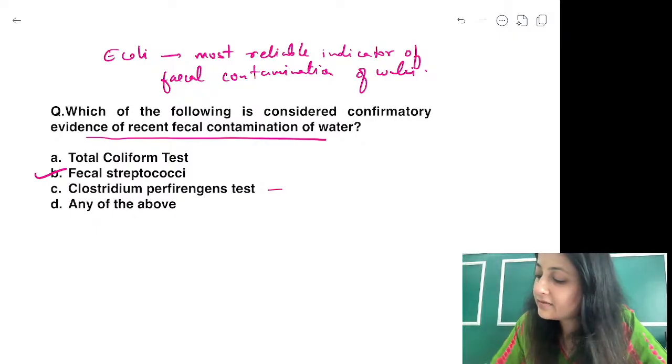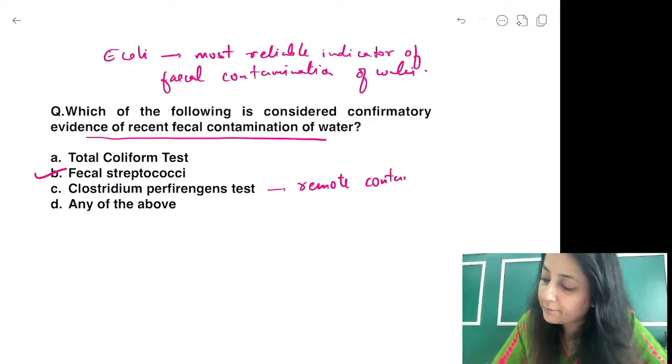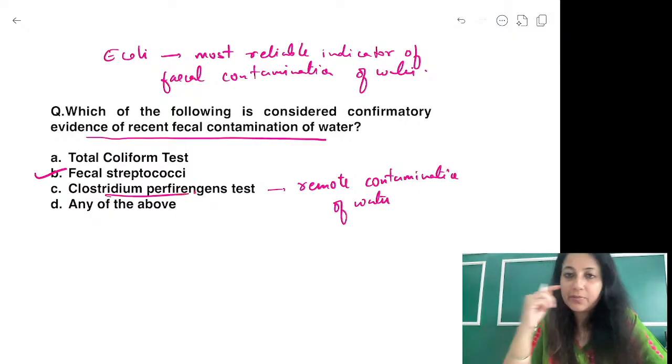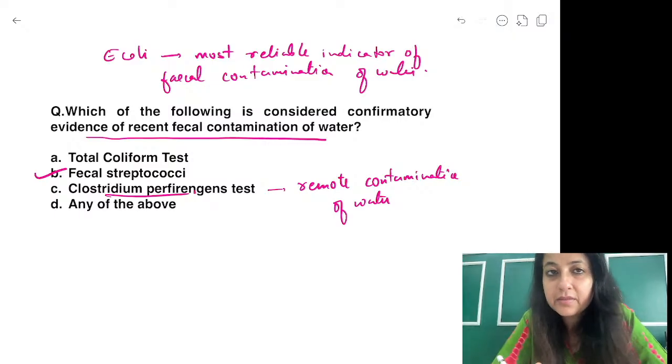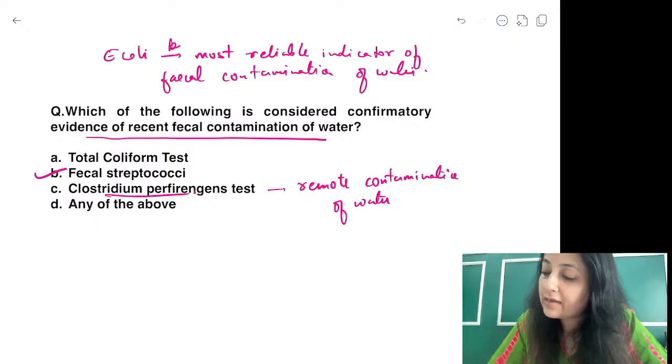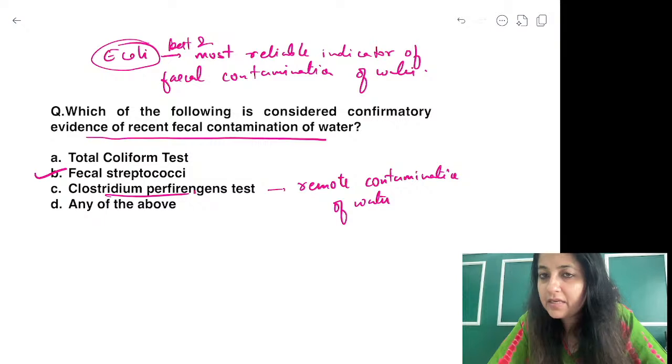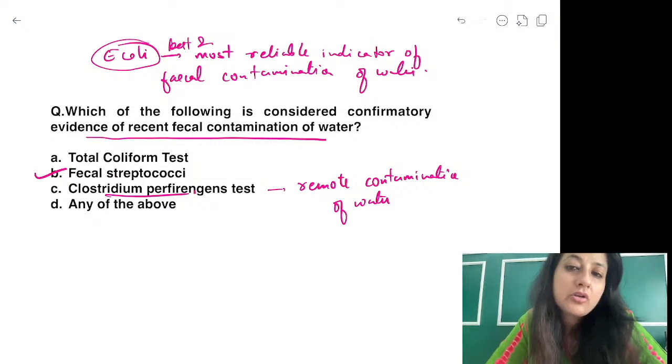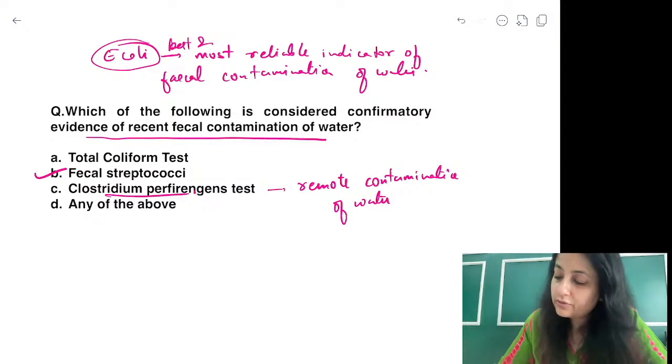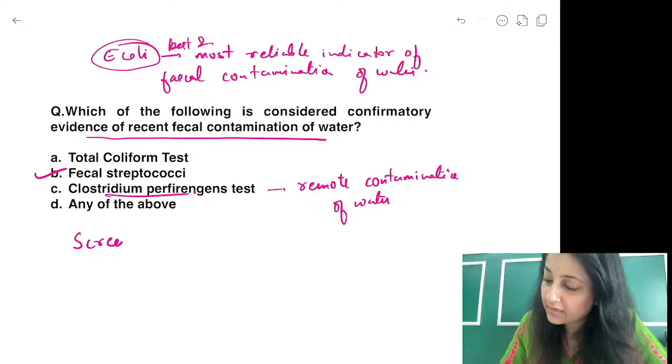If somebody asks you about remote contamination, long standing contamination, what is the evidence? Clostridium perfringens. Okay, remember this. Best and most reliable is E. coli. Recent contamination, fecal streptococci. Remote, Clostridium perfringens.